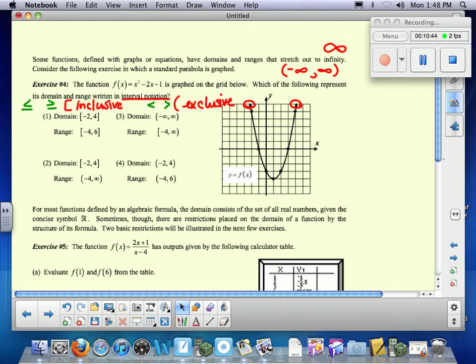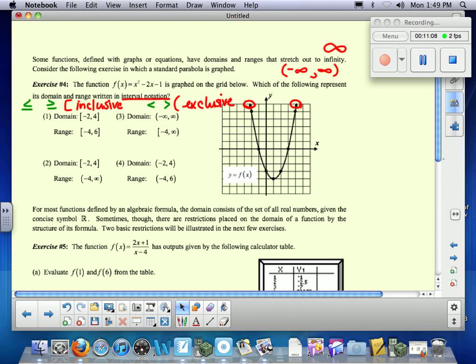What are my x values for this parabola? Yeah, negative infinity to infinity. Negative infinity to positive infinity is our domain, because we can put any number in there and we'll be able to get a range.